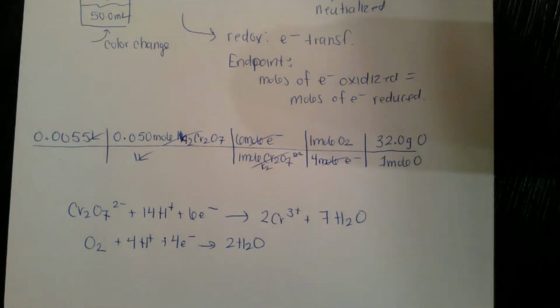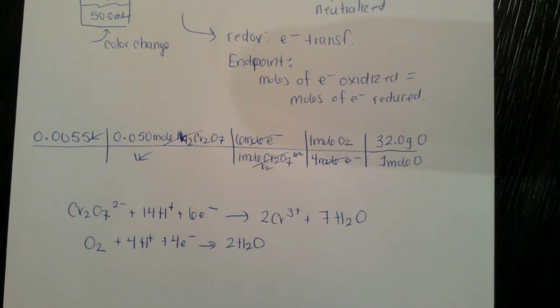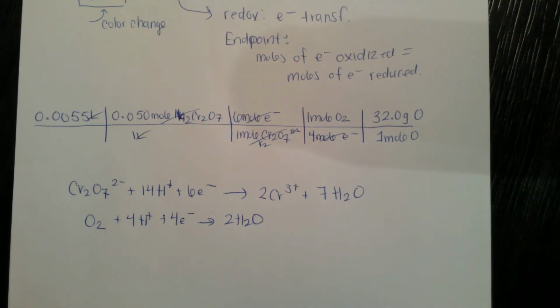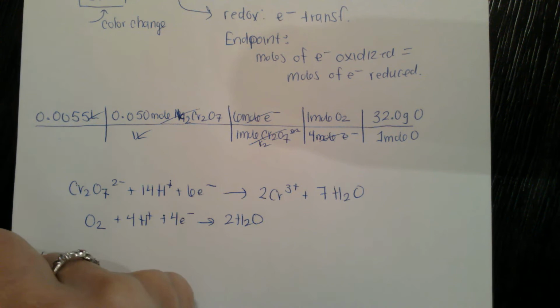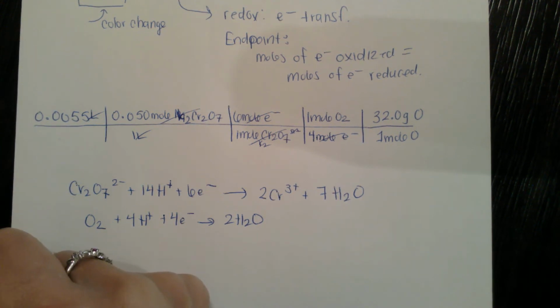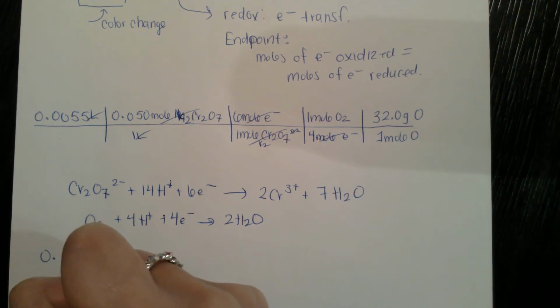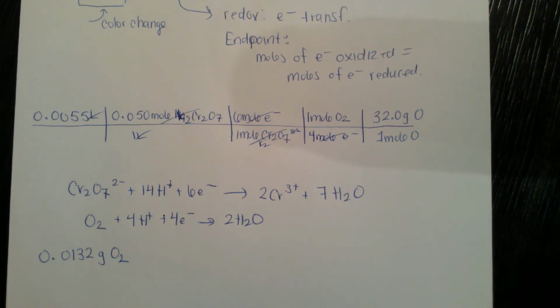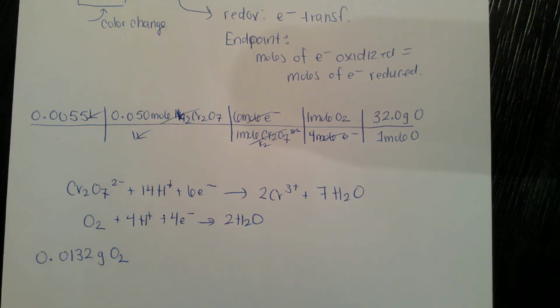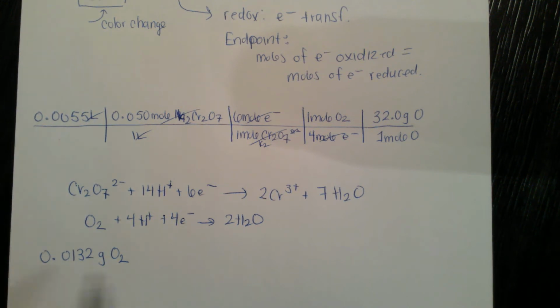Okay, so if we do that, we come up with, okay, so I'm going to go down here, kind of past my reactions, 0.0132 grams of O2. Okay, so if we were to actually look at the mass of oxygen required to oxidize all of this organic material, we would need this many grams.